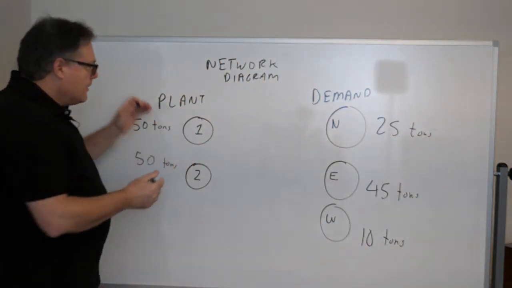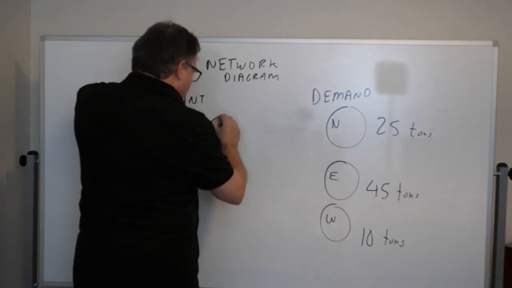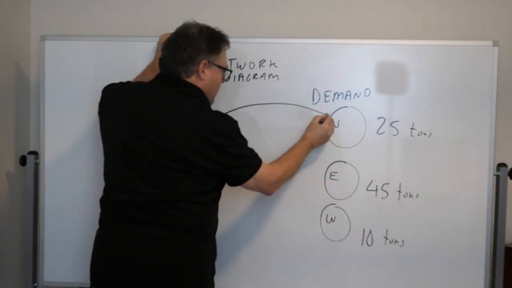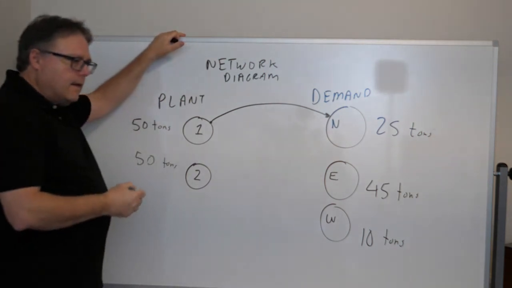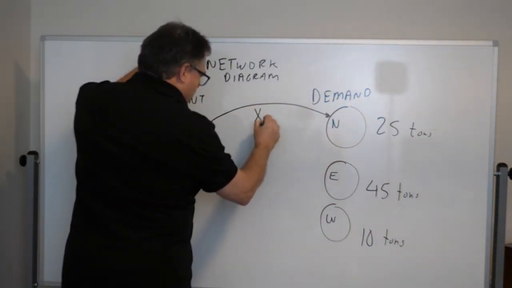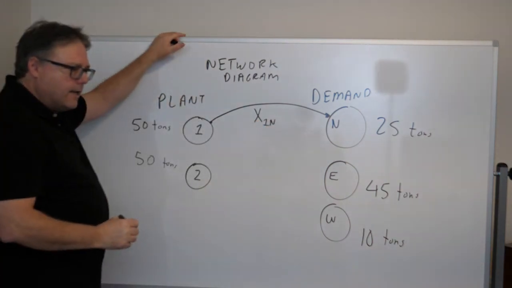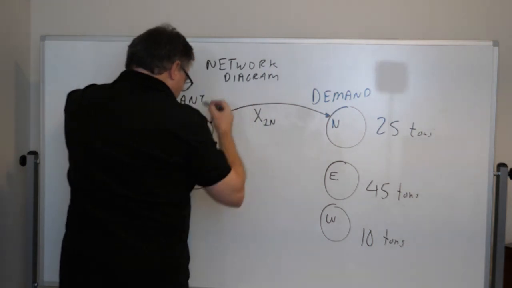The matrix tells us that we can get from node 1 to node n. And every brick that we ship, this will be our decision variable, x, 1, n, has a cost of $24 a ton.